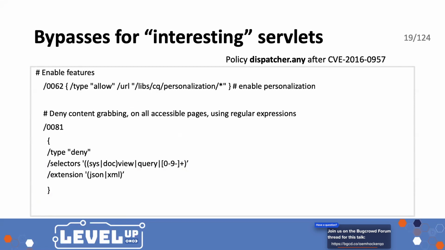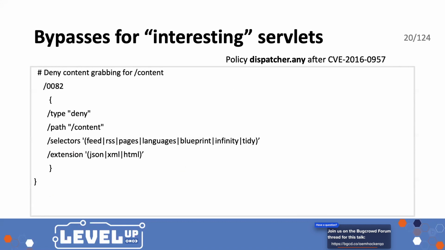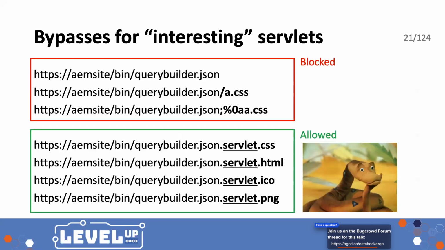More rules from the policy and the tail of it. Now, if we are trying to access route /bin/querybuilder.json or /bin/querybuilder.json/a.css, the request is blocked because now the dispatcher looks for the real extension.